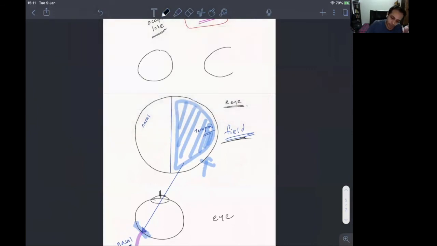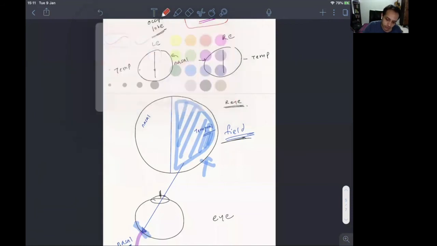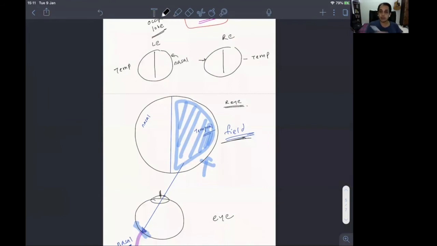That's it. Once we have tested both the eyes, this is how we document it. We draw both the eyes, we draw a line, and we say this is the left eye and this is the right eye, this is the temporal of both and this is the nasal of both. And then we black out the parts where the person is not able to see.